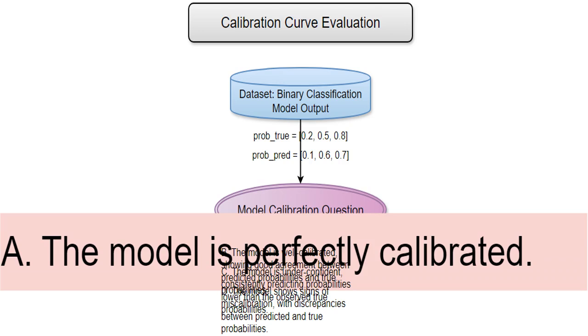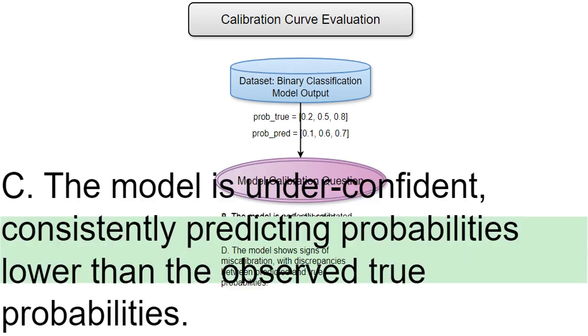A well-calibrated model shows a close match between the predicted and true probabilities, which doesn't happen in every case here. That statement is false. Look closely at the numbers. The first group shows underconfidence, 0.1 vs 0.2, but the other two show overconfidence, 0.6 vs 0.5 and 0.7 vs 0.8.